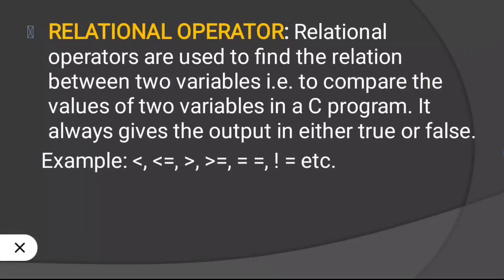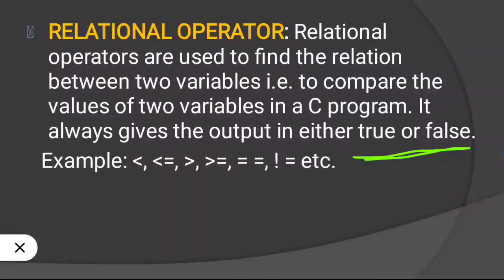Relational operator. Relational operators are used to find the relations between two variables, that is to compare the values of two variables in C program. It always gives the output either in true or false.